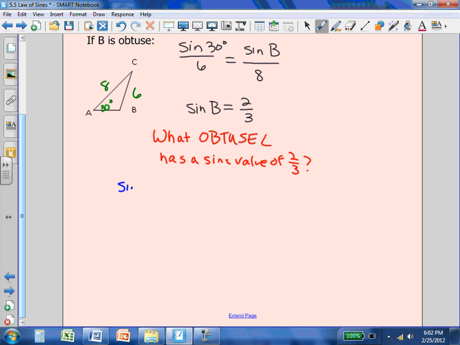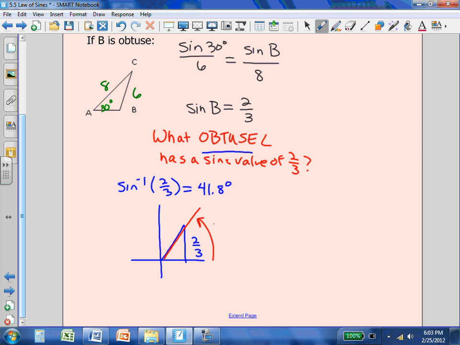When you do the inverse sine of 2/3, just like before, it tells us that familiar 41.8 degrees. Now we want obtuse, not acute. So go back and think about your circles. If you have a sine value of 2/3, the calculator tells you that this angle right here is 41.8 degrees.